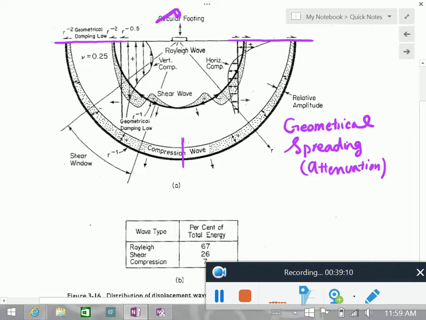So meaning that we have attenuation just because of geometry. This is one form of attenuation. If you measured, for example, in the lab, over 3-inch thickness, correct? If you use the same setup and your thickness was 5 inches, everything the same, your amplitude would be smaller. Just because of this geometry.